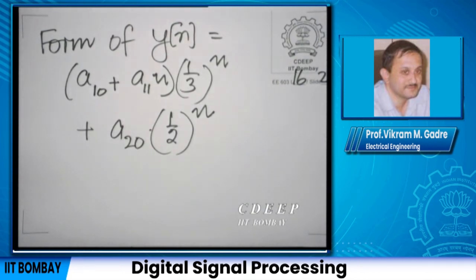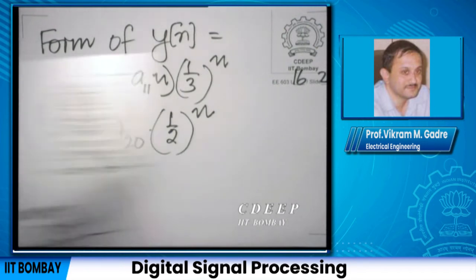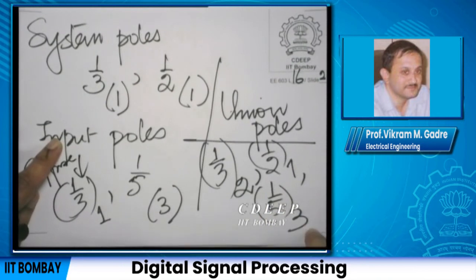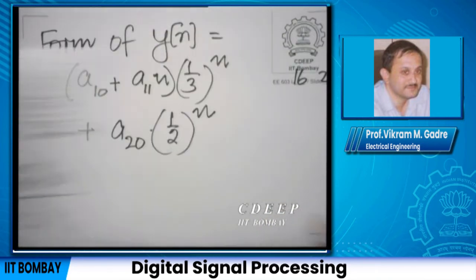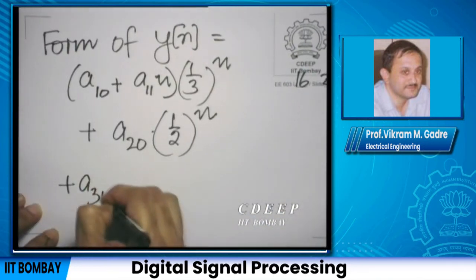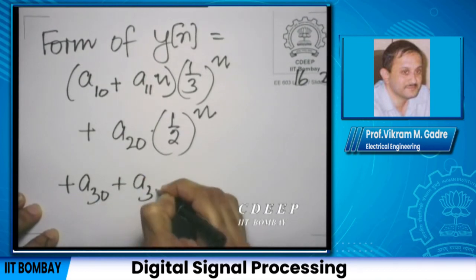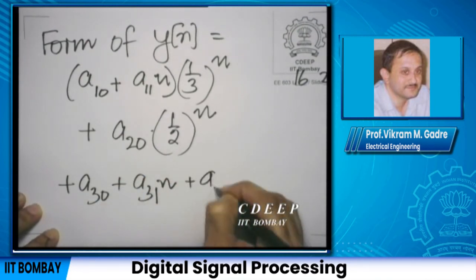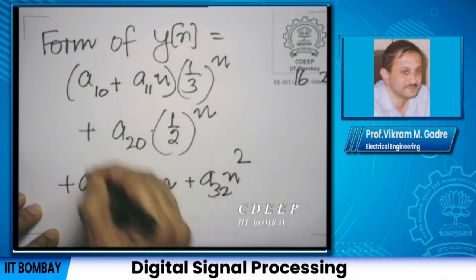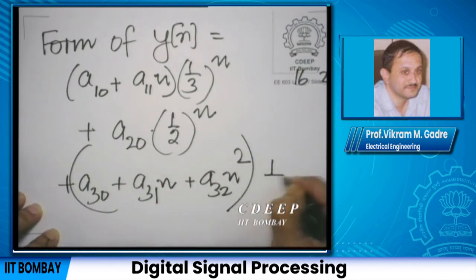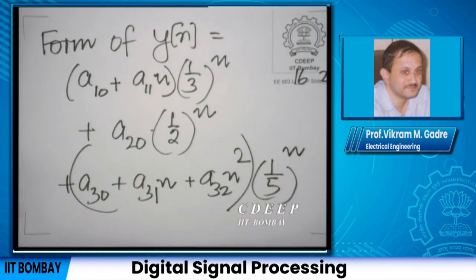Is that correct? And 1/5 with a multiplicity of 3 contributes a30 plus a31 n plus a32 n squared into (1/5)^n. This is the form of y.